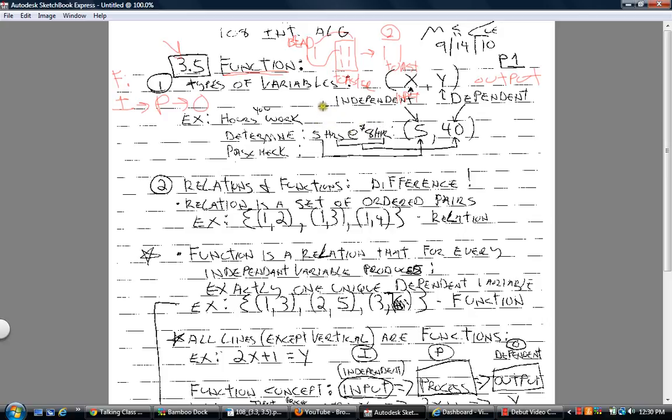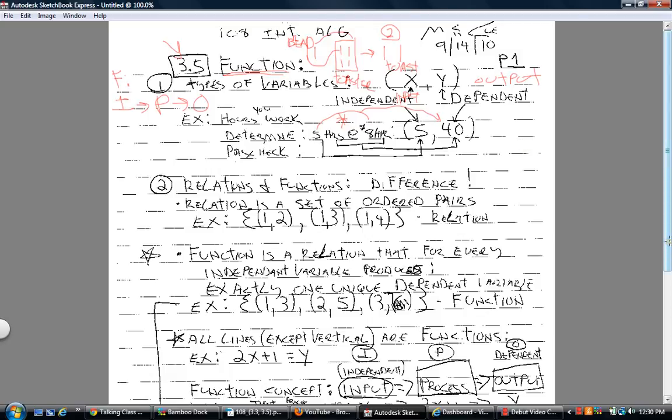So you can start making ordered pairs: for 5 hours of work, that could be your X, you would receive $40. How did we get the $40? The process was what? 5 times 8 to give you $40. So every ordered pair represents an input, some process that went on, maybe you know it, maybe you don't know it, and the output was the Y.